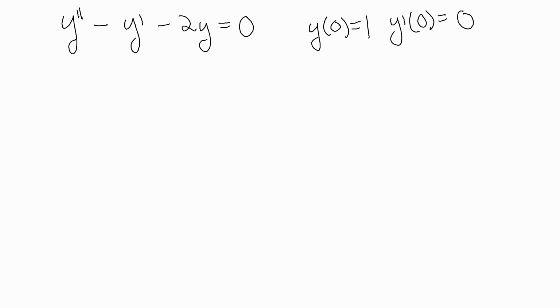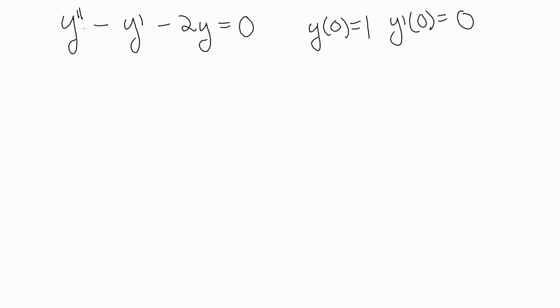So we take the Laplace transform, we get our algebraic expression, we solve for our constants, and then we go back using the inverse Laplace transform. So without further ado, let's just get started here.